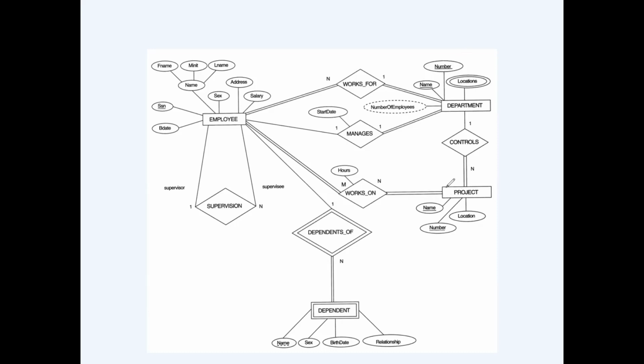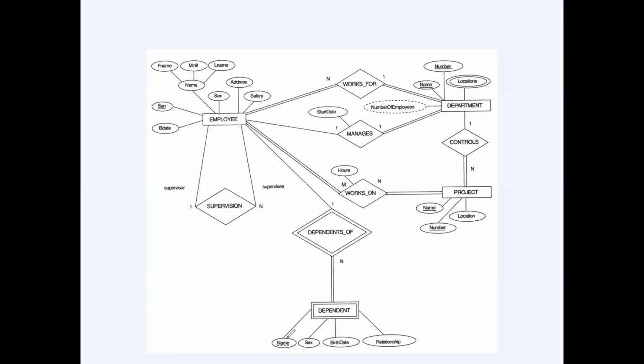Project will be a regular entity type because we have key attributes, unique values. But if you think about the dependents, for example, employee, wife, their son and daughters. According to this one, you can see name, sex, date of birth, and the relationship.